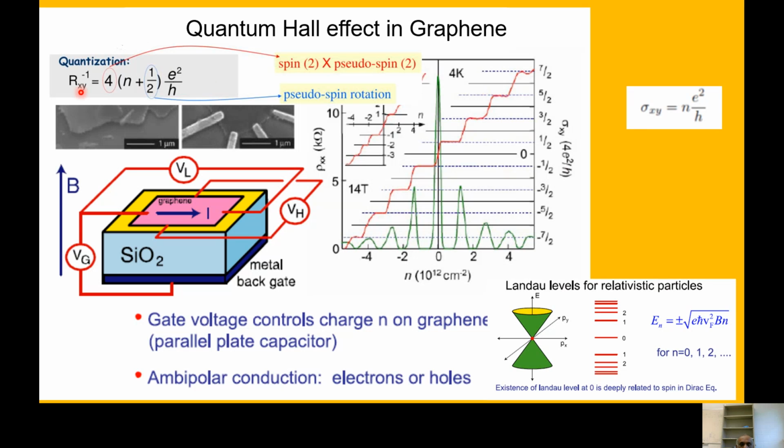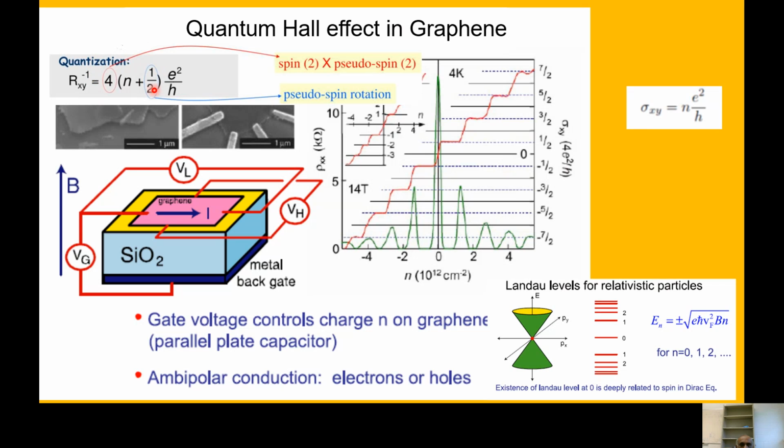That's because remember we talked about something called the pseudo spin, right? In graphene, we have 2 sublattices, A sublattice and B sublattice, and we found that this corresponds to something called the pseudo spin. So now you have 2 terms coming from the electron spin, and also 2 coming from the pseudo spin term. That's why you have this factor 4 coming here. Then you have this pseudo spin rotation. Because of that, instead of n, you get the n plus half term. So that's why you see this change.